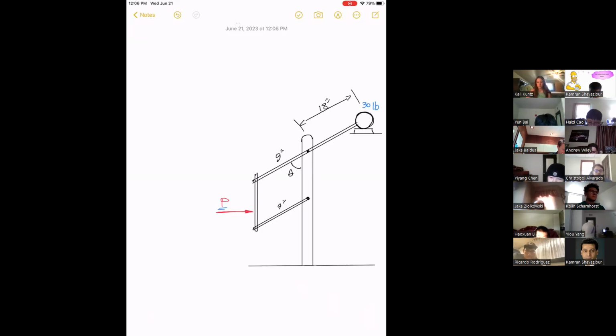Now, as you push, the first observation was force P is non-conservative. The mechanism that moves this is a parallelogram. So this and this are the same. This is 18 inch. So you have the dimensions. I didn't draw this to scale.